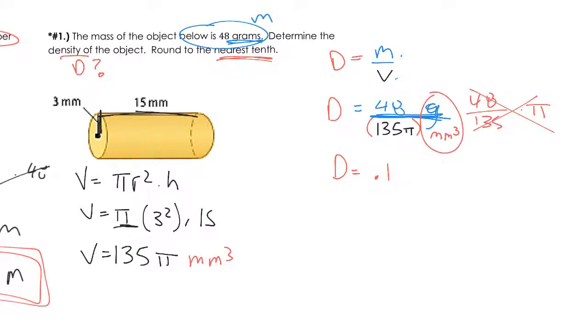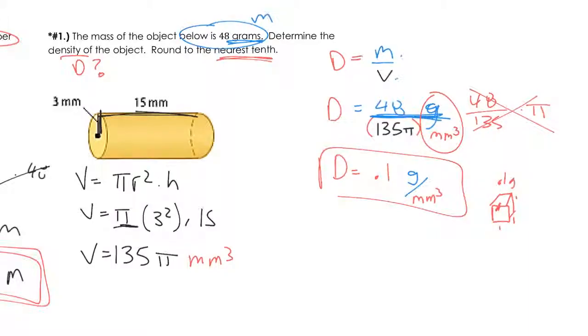So the units is grams divided by millimeters cubed. So the density is 0.1 grams per millimeter cubed. That just means if I had 1 cubic millimeter, so this was 1 millimeter, 1, it would weigh exactly 0.1 grams.